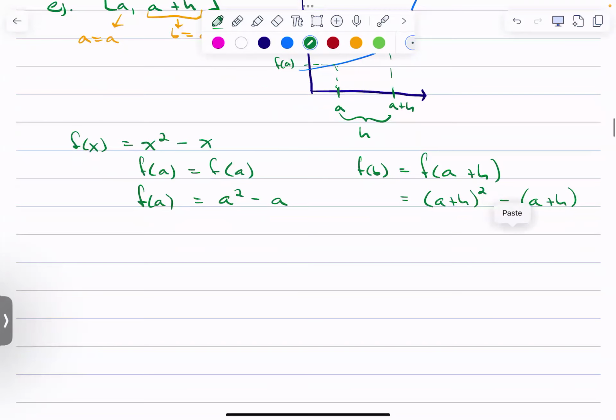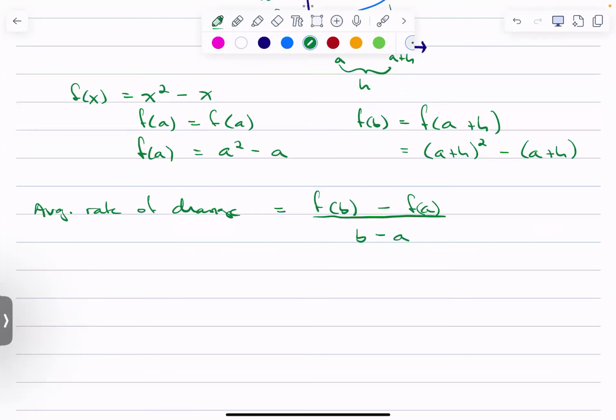Now the average rate of change we know is f of b minus f of a over b minus a. I built all my components, now I need to put them all together.